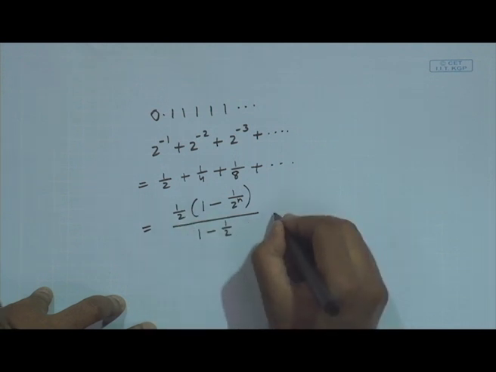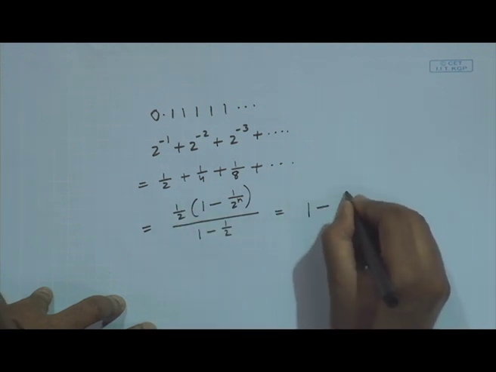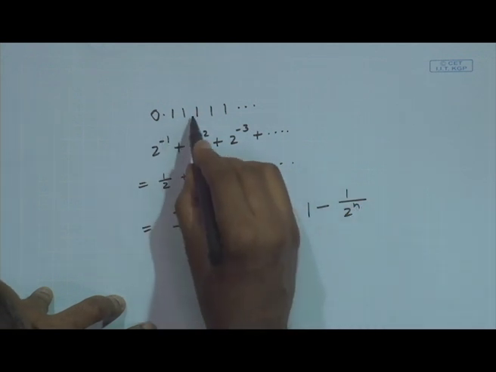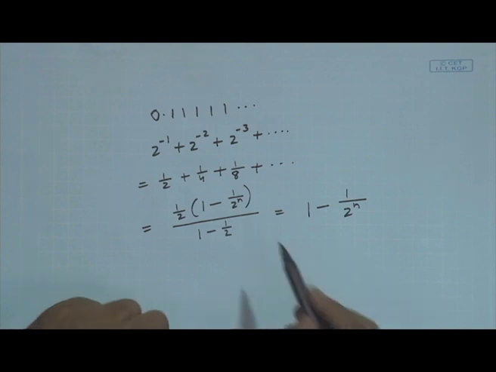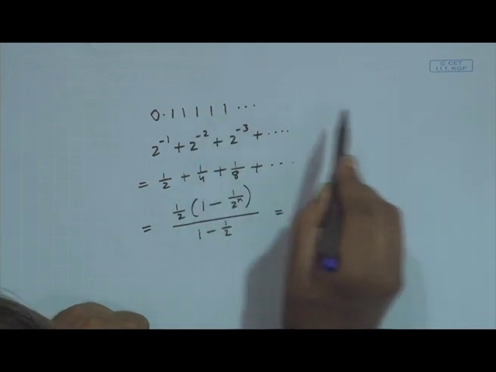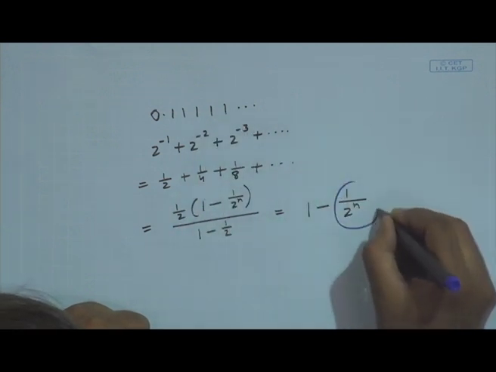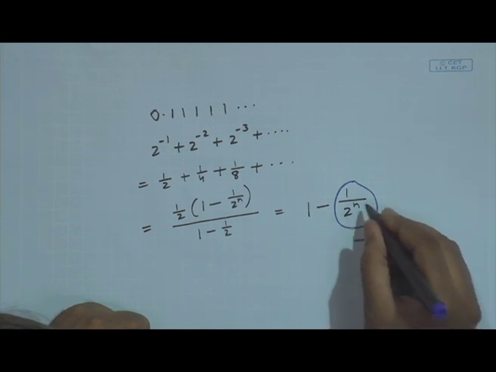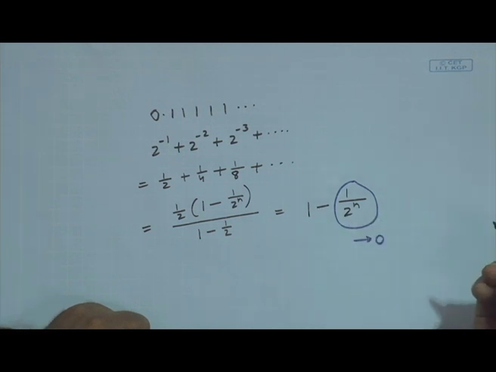So, half and half cancels, and this is 1 minus 1 by 2 to the power n, where n is the number of digits. As we increase the number of digits 1 1 1 1, the value of the second quantity tends to 0, because 2 to the power n increases rapidly.